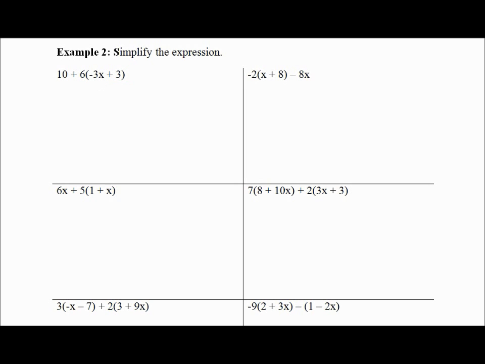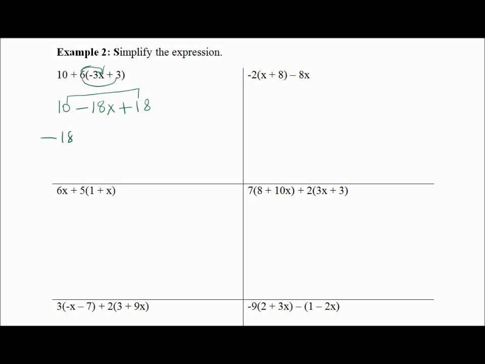First thing I'm going to do is bring down my 10. I'm just going to rewrite it. Now I'll distribute the 6. So this becomes 6 times negative 3x, which is a negative 18x, and then 6 times a positive 3, which gives me positive 18. Now I'm going to see which like terms I have and group them together.